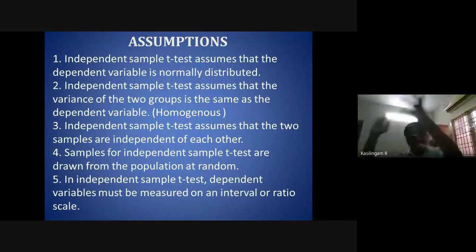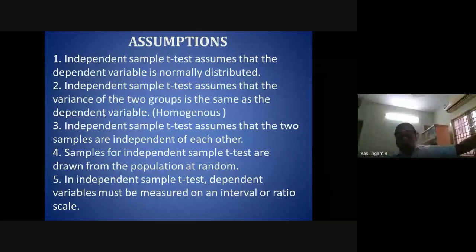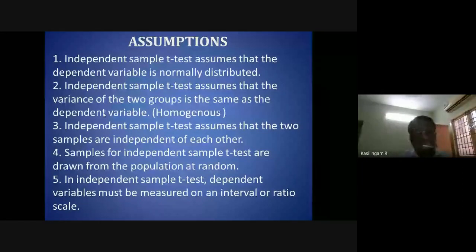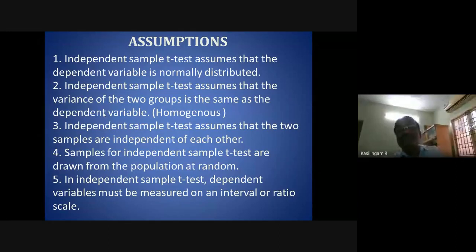For anything, the t-value is the estimate divided by standard error. This is the normal form, whether it is a t-test, regression, or any test. Whatever is estimated, whether it is a difference, beta, or correlation, that estimate divided by standard error is the t-value. That generalized form you need to know.